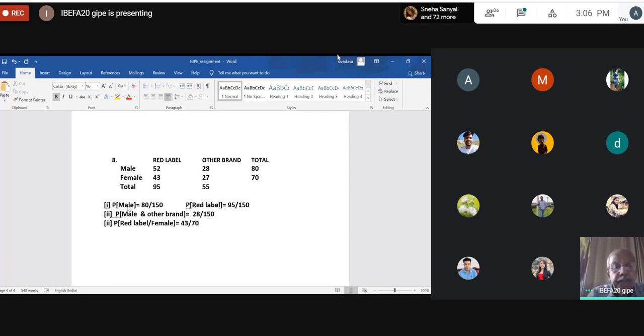Therefore, based on sample result, you have to project the result to the larger data. That is what main objective. And to reach that, you have to know the concept of probability.